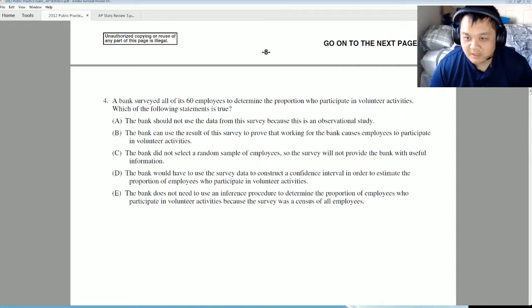A bank survey of its 60 employees to determine the proportion who participate in volunteering activities. Which of the statements is true?